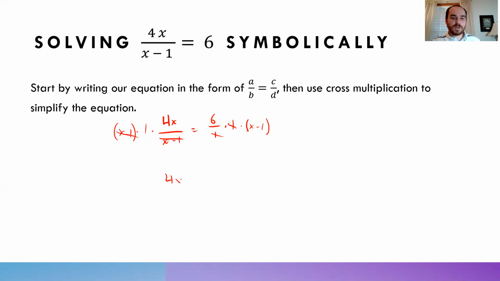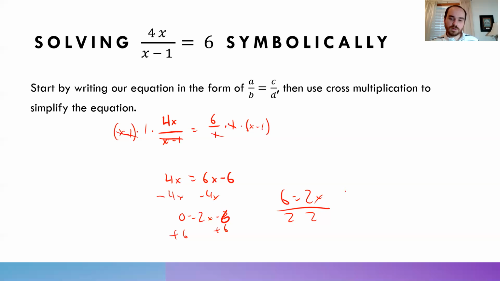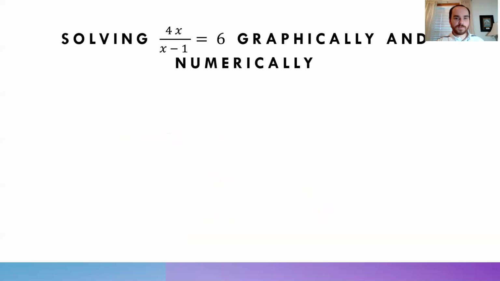We get 4x equals, and we need to distribute the 6, so 6x minus 6. From here, this should be a pretty easy solve. Subtract 4x: 0 equals 2x minus 6. Add 6: 6 equals 2x. Divide by 2, and x equals 3. That one's pretty simple. Once you get to this point, hopefully this equation is really easy for you to solve. It's basic algebra at that point.